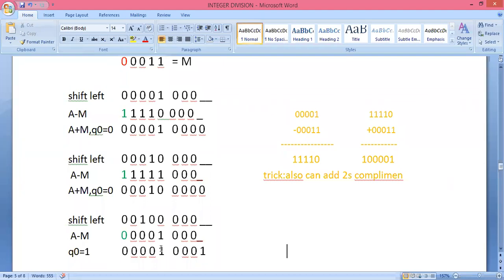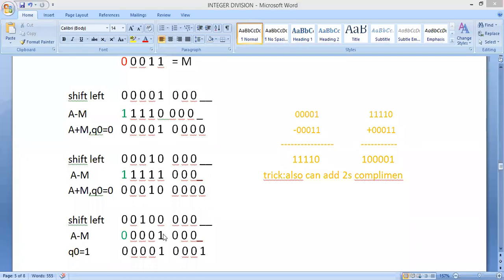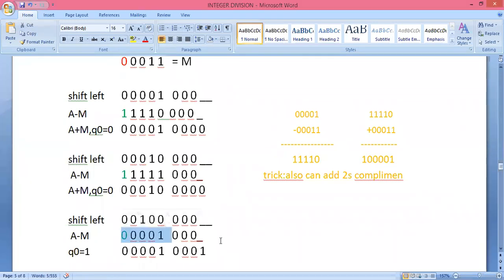A minus M. After doing A minus M, I'm getting the result as 0 0 0 0 1. Q will be as it is. Now what is the MSB? Now the most significant bit over here is 0. Remember, it is not 1, it is 0 now.